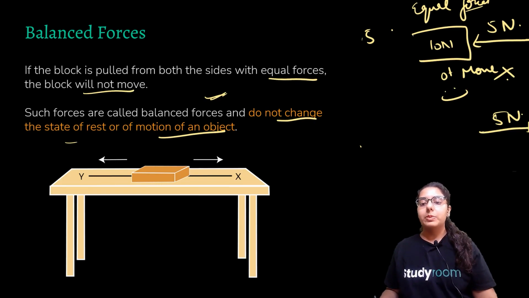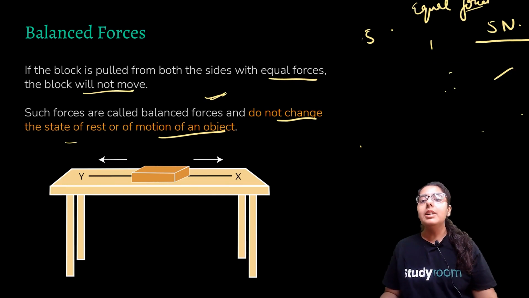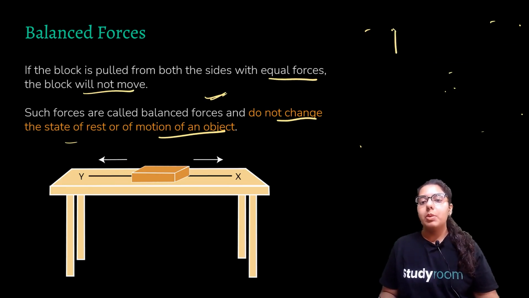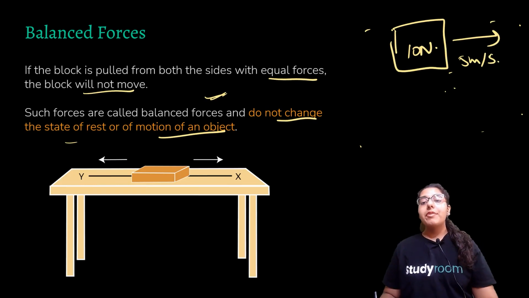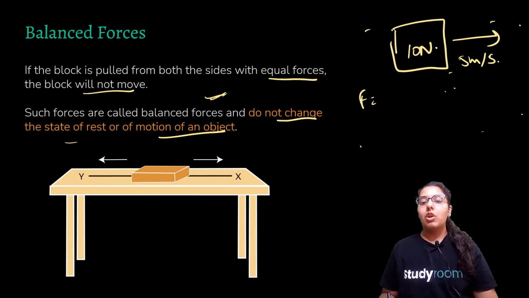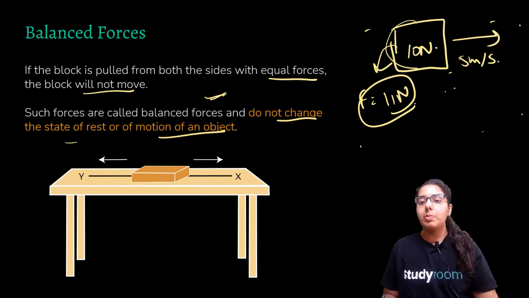Let's see that also. For example, a block is in motion. Correct? For example, this is a block. Let's say it's a 10 Newton block. And it is already moving with the speed of 5 meters per second. Okay. So if you applied, for instance, a force of 11 Newton on this block, since you have applied a force which is greater than the weight of the object, it will change its speed.